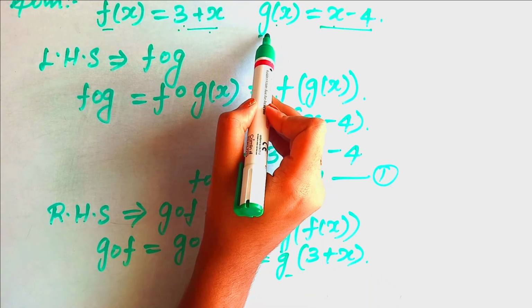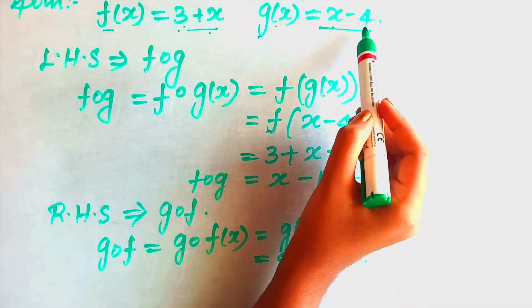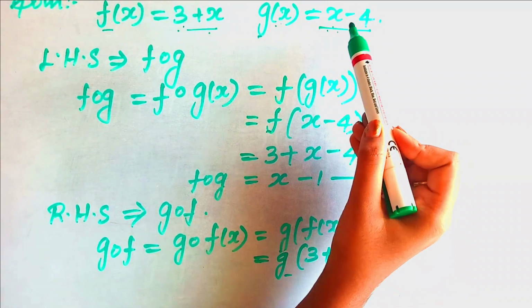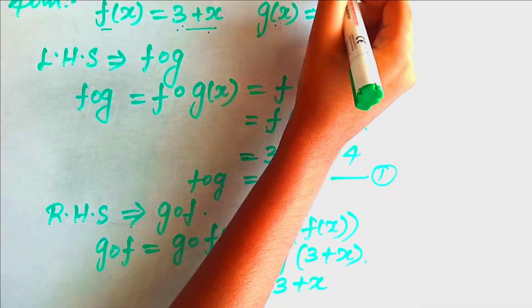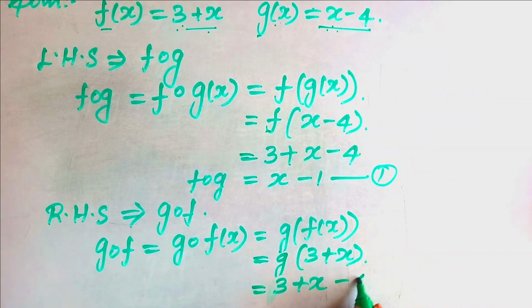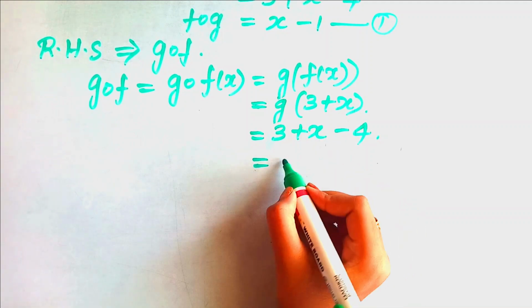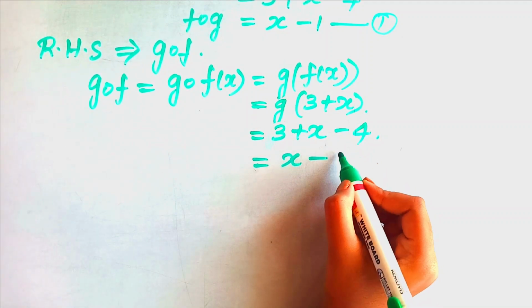So here there is a function g, and in the place of x we have 3 plus x. So in the equation, in the place of x you have to substitute 3 plus x. So let's substitute that, so that we'll get 3 plus x, and here there's a minus 4, so you'll write minus 4 here. Here there is an x, and here 4 minus 3, it will be 1.